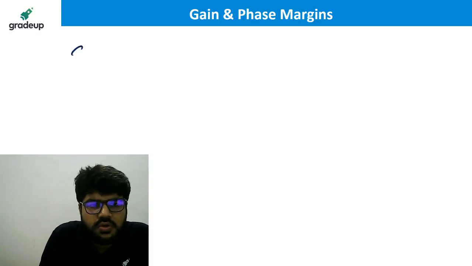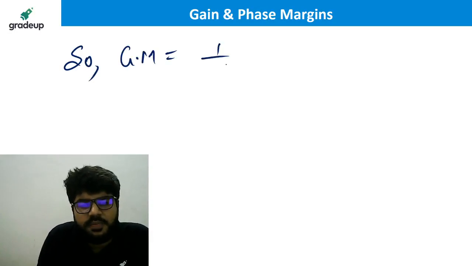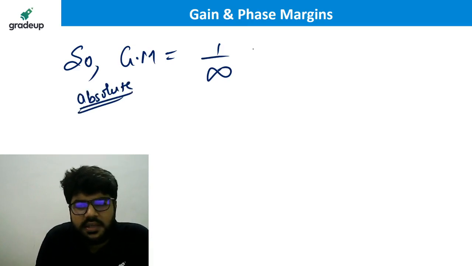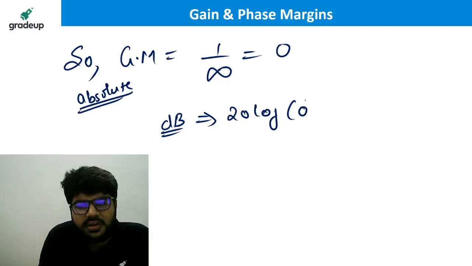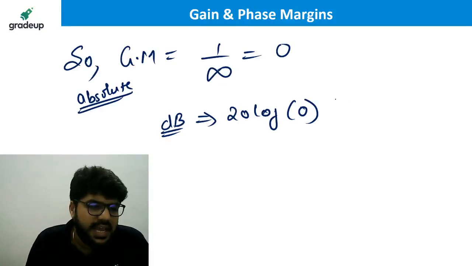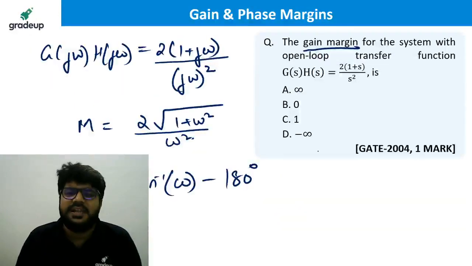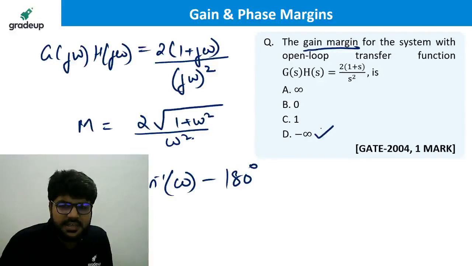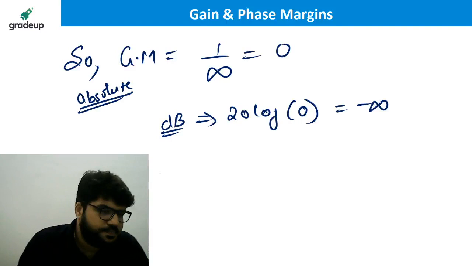So the gain margin should be 1 upon infinity, in absolute form should be 0, and in decibel it should be 20 log 1 by infinity, and log 0 is minus infinity. So does it mean option number D? Let's take decibel as the standard form again. Is it minus D? No, it is not minus D.